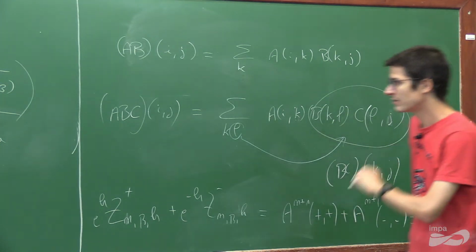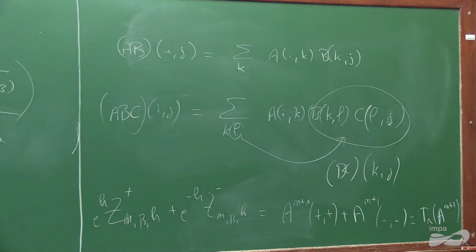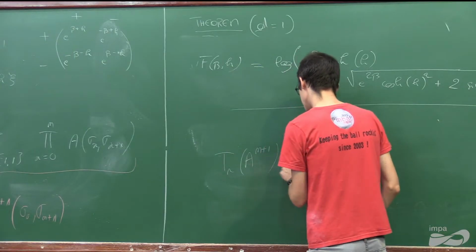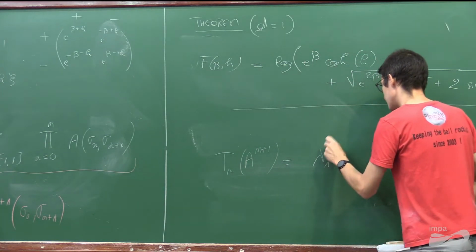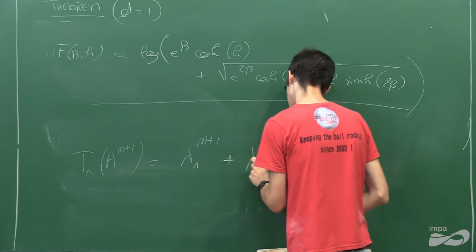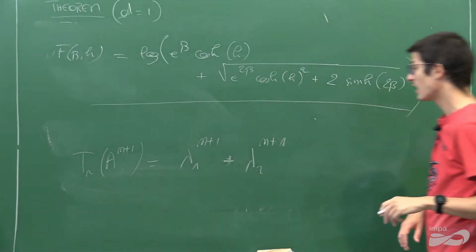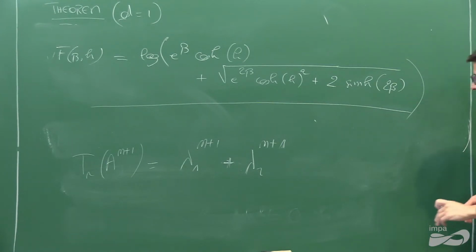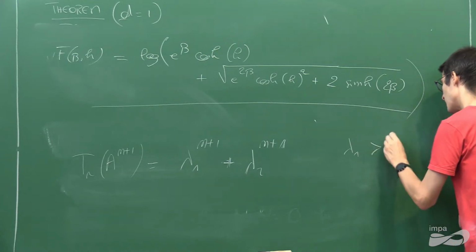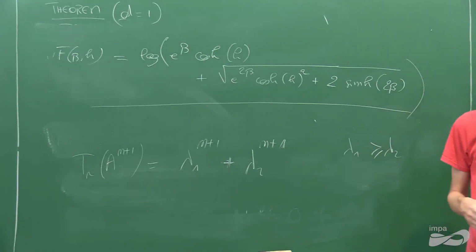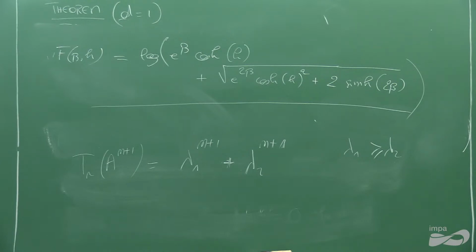Okay, so now the trace of A to the n plus 1 is equal to lambda 1 to the n plus 1 plus lambda 2 to the n plus 1, where lambda 1 and lambda 2 are the two eigenvalues of A. We'll see in a moment that these two eigenvalues are positive.